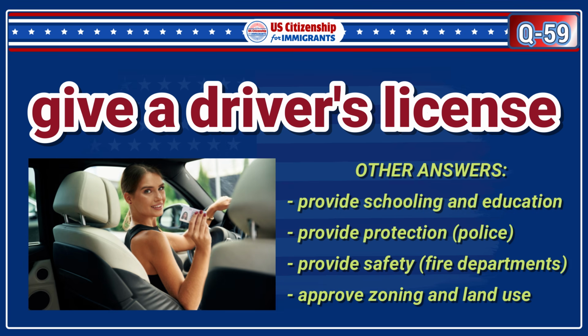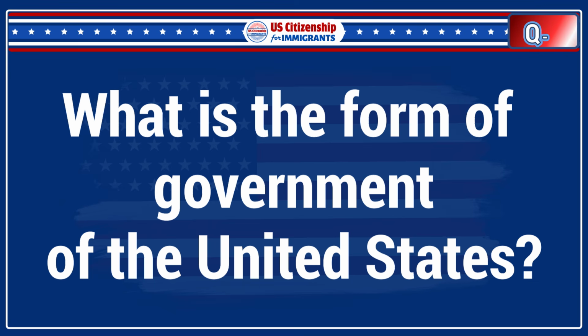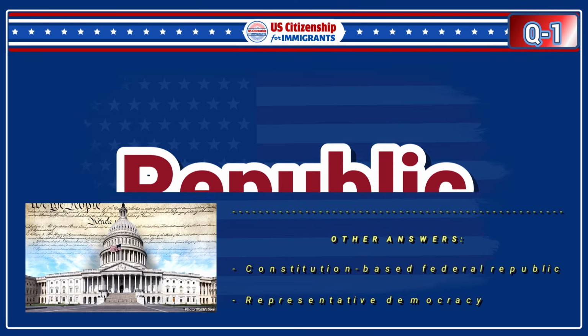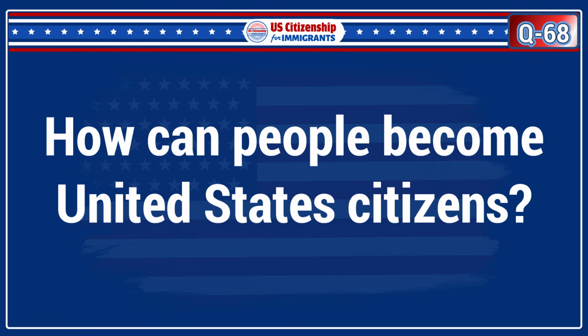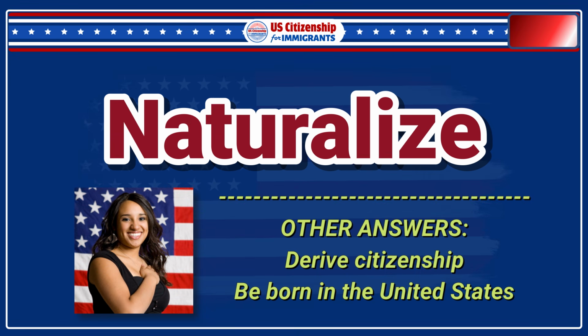Give a driver's license. 1. What is the form of government of the United States? Republic. 68. How can people become United States citizens? Naturalize.